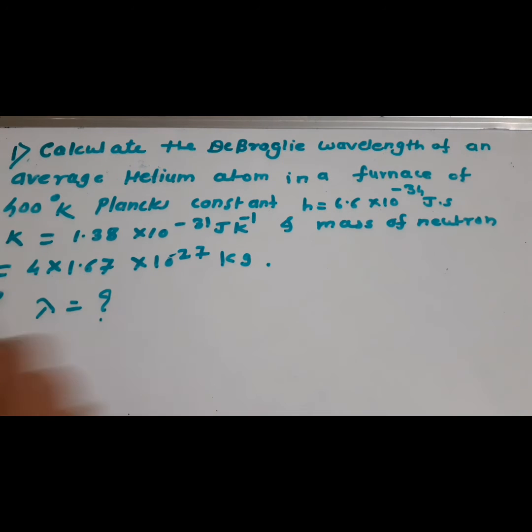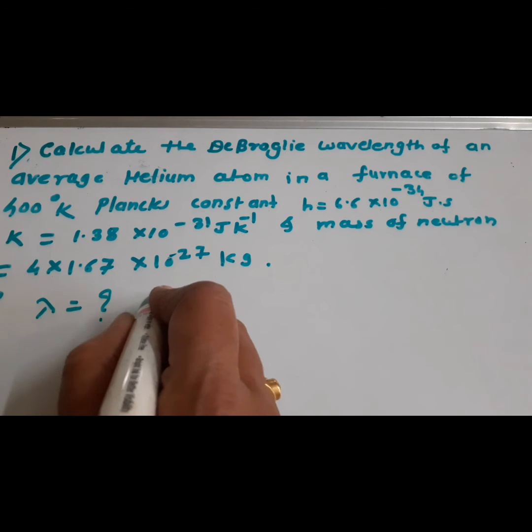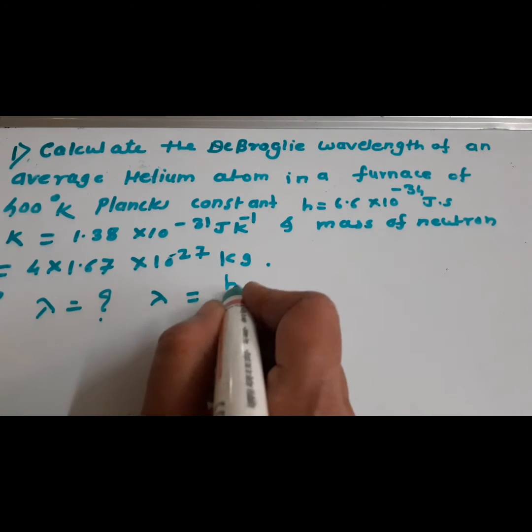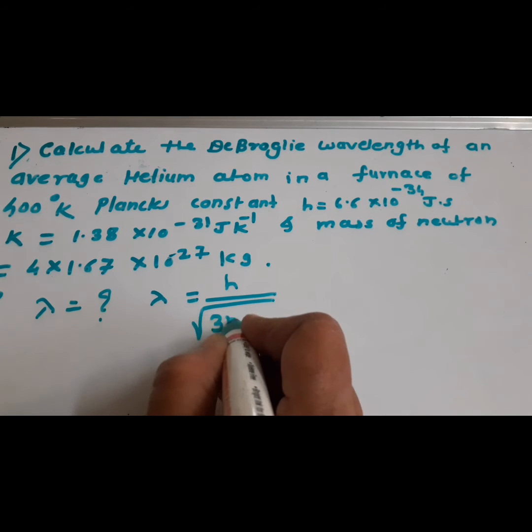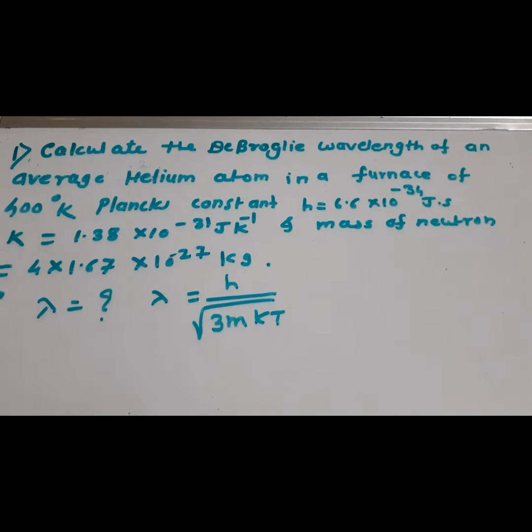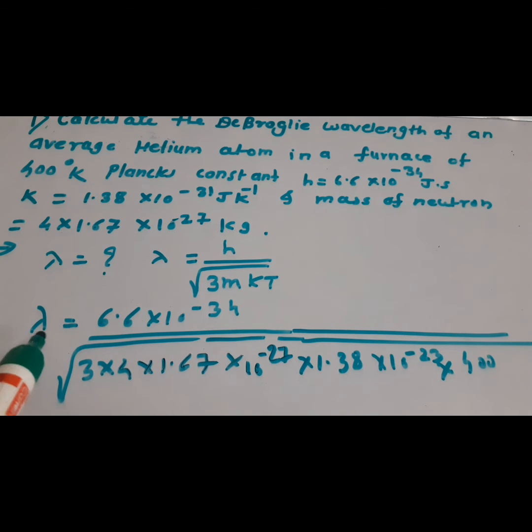We know that the wavelength lambda is equal to h upon under root of 3mkT. Therefore, lambda is equal to 6.6 into 10 to the power minus 34 divided by under root of 3 into 4 into 1.67 into 10 to the power minus 27 into 1.38 into 10 to the power minus 23 into 400.